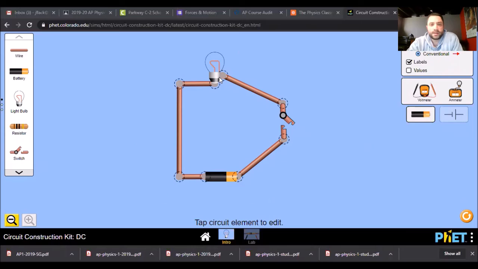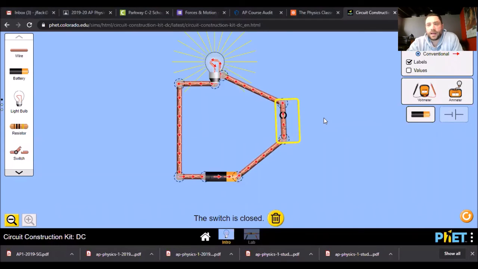So I've got my circuit set up here. I got my light bulb and I got my battery and I have my switch. And if I close my switch, then I get my current flowing from the positive side through my circuit all the way back to the negative side, and then it goes back.